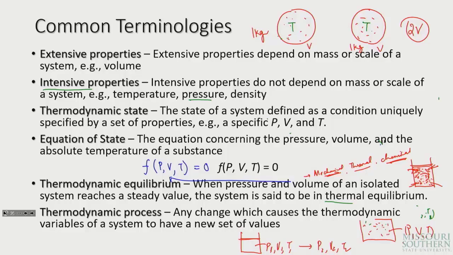That's the chemical equilibrium. There's also more about chemical equilibrium which we'll talk about later: we'll have something called chemical potential, which would be the same everywhere when the system is in chemical equilibrium.